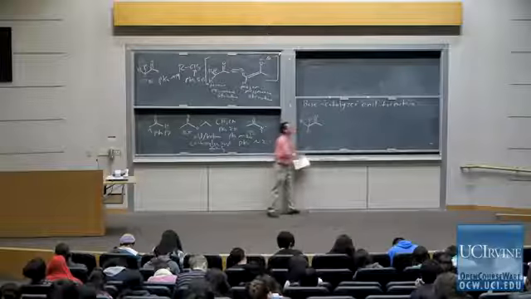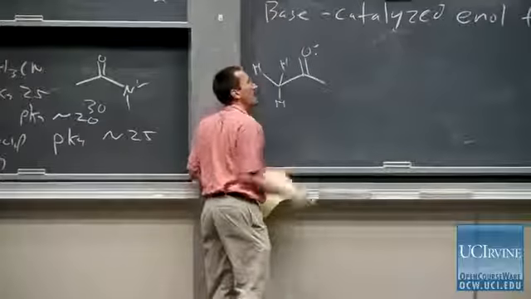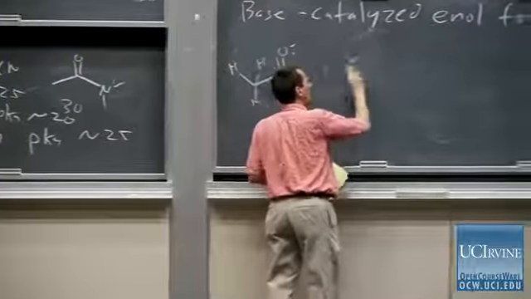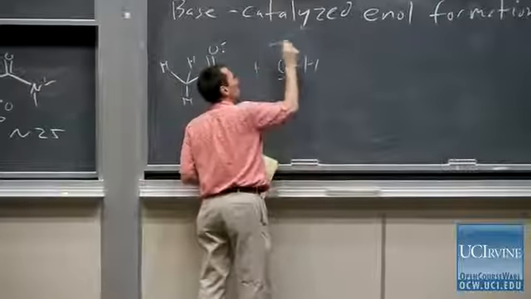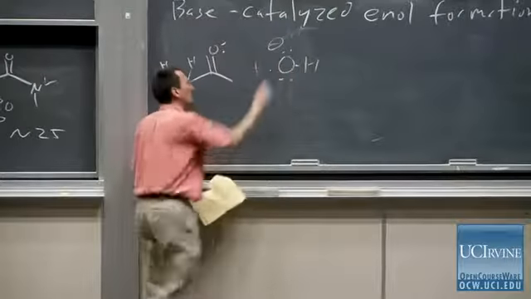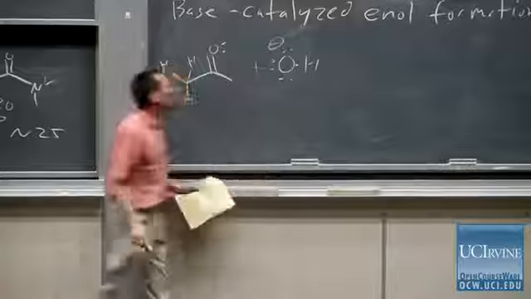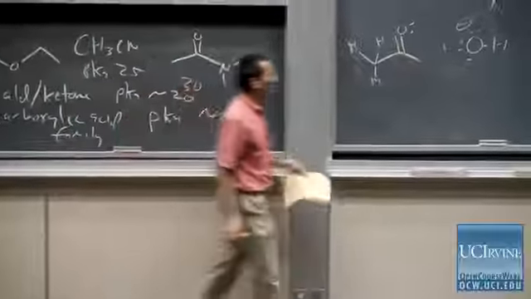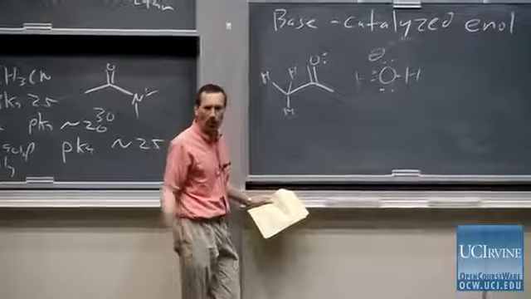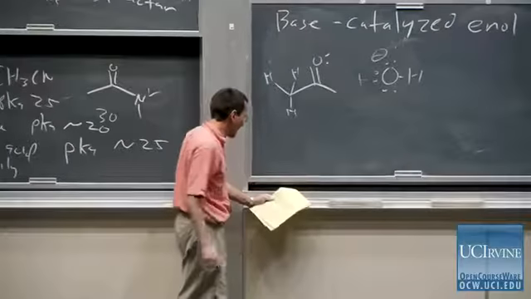And now let's envision hydroxide as a base. I could do this with alkoxide too, but some sort of moderately strong base, not super, super strong. We'll talk about super, super strong in a moment. But something like hydroxide or an amine like triethylamine.